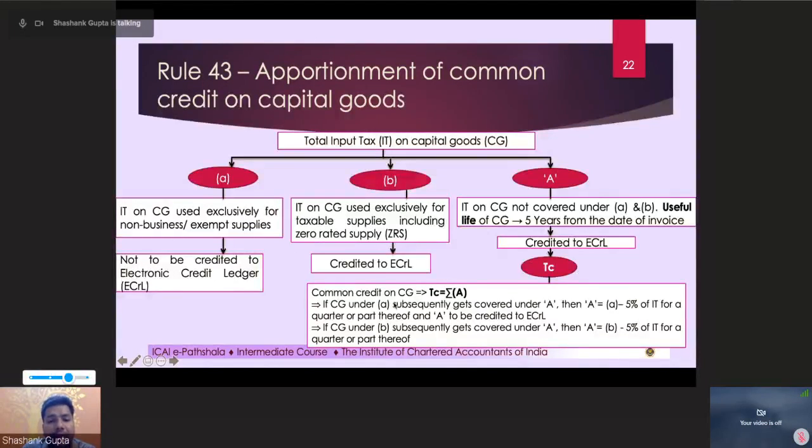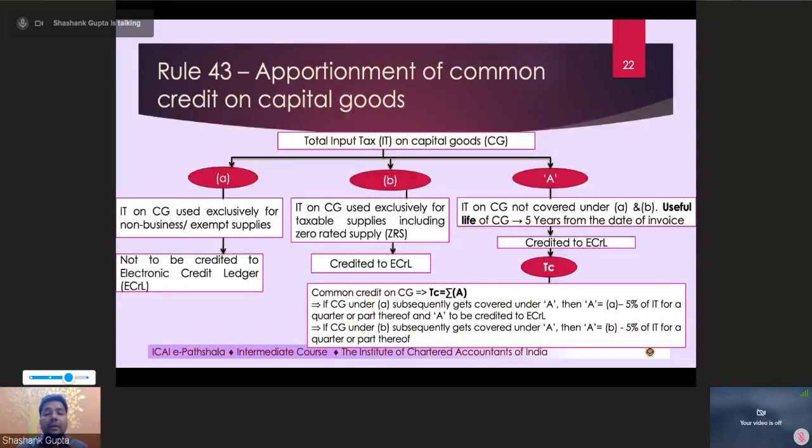Similarly, if capital goods were earlier covered under B, that is, they were exclusively being used for taxable supplies, but now they are moving to this category, that is being used for taxable as well as exempt. In such case, same treatment, that is from the date of purchase minus 5% of input tax credit for every quarter.